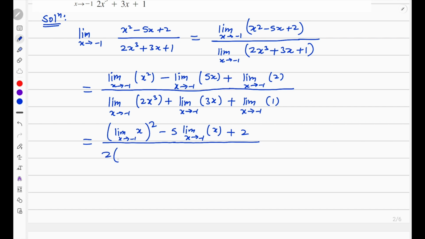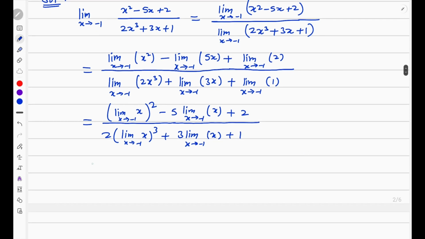I can write directly, it is this term, 2 limit x tends to minus 1 x cube plus 3 limit x tends to minus 1 x plus 1. It becomes minus 1 square minus 5 times minus 1 plus 2, over 2 times minus 1 cube plus 3 times minus 1 plus 1.